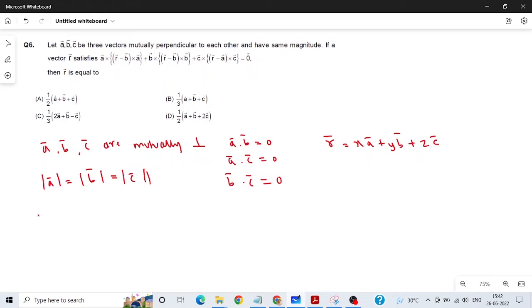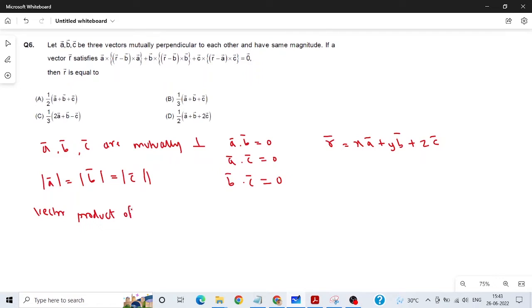We will require one more thing, as we can see that there is a cross product of three vectors, like in the starting we have A bar cross bracket R bar minus B bar cross A bar. So we have a formula for the vector product of three vectors.